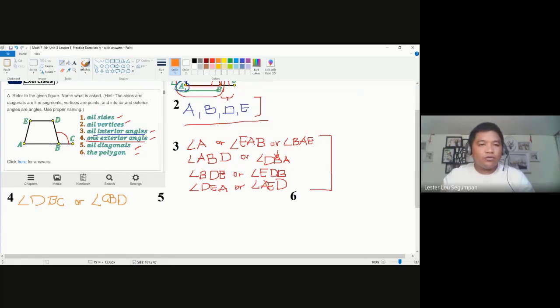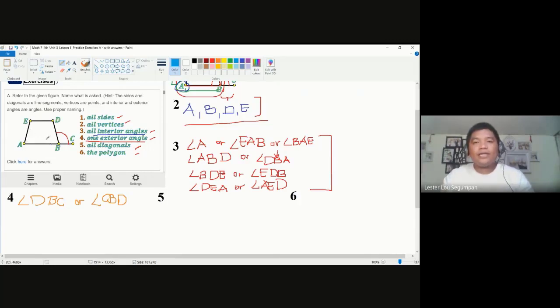So when we try to draw the diagonals for this given figure, we are going to connect two non-consecutive vertices. If we choose vertex A, one of its consecutive vertices is B and the other is E. My point in emphasizing that is, since vertices B and E are consecutive to A, we cannot connect them and come up with a diagonal, because if we connect them, we are just going to make a side.